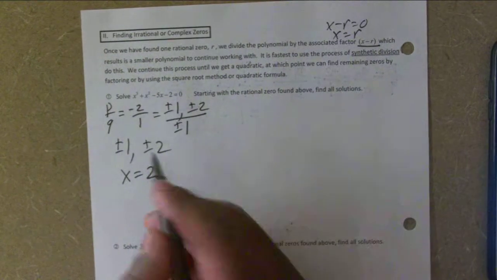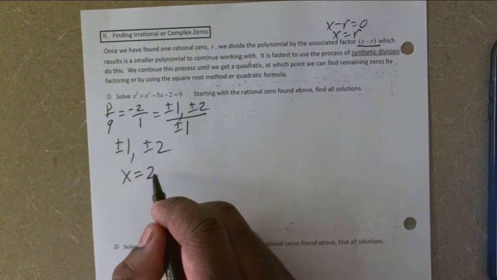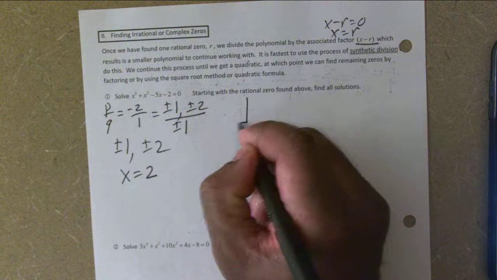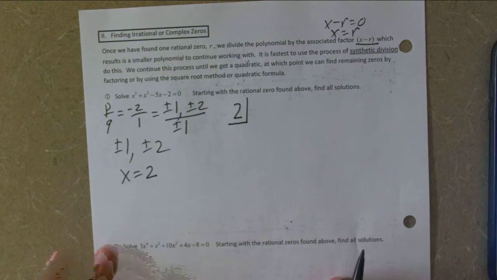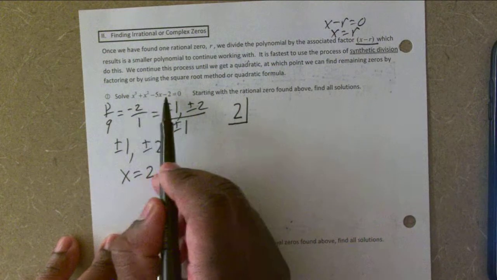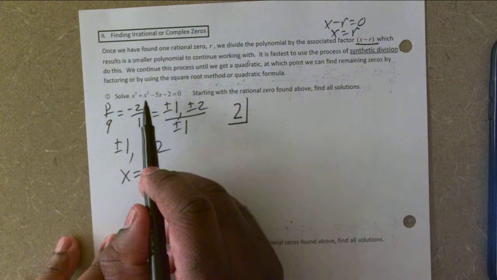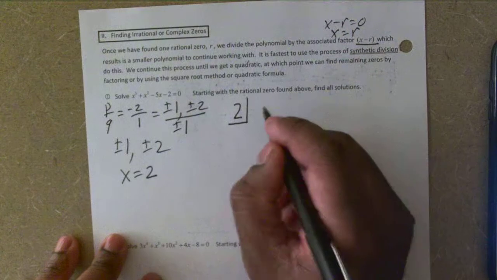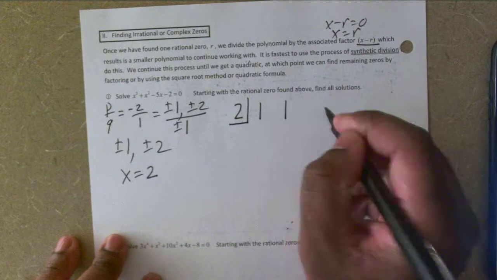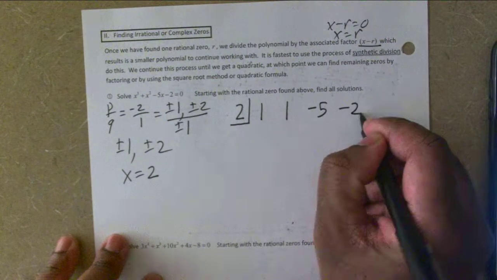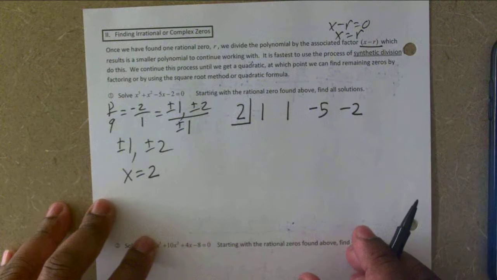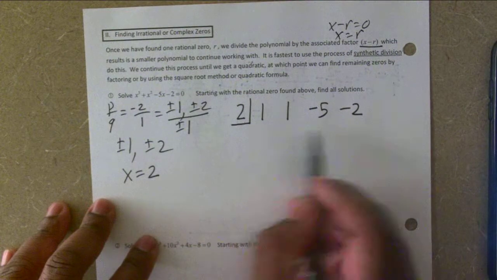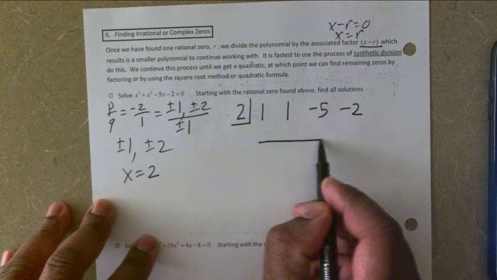Synthetic division, using this problem here, this answer here, we would do our division bar and put the 2 here. Now, we look here at these 4 terms. We have to list all 4 of their coefficients. So it'll be 1, 1, -5, and -2. Now, we have to leave a little space under here to write numbers, and then we'll draw a line.